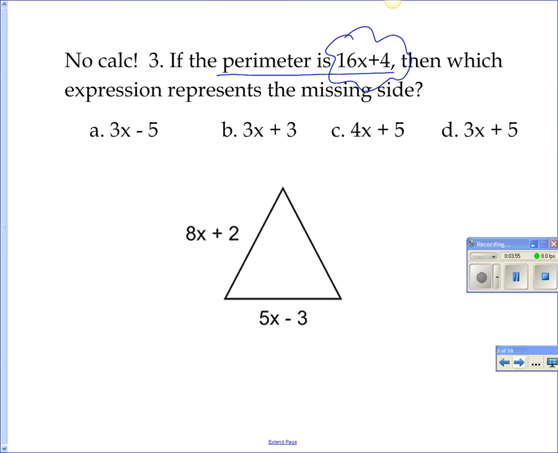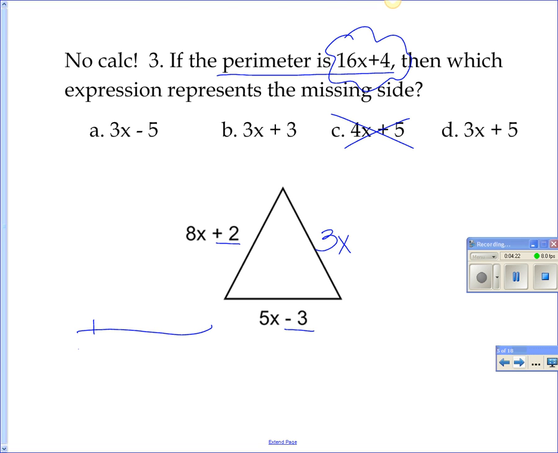When you add 8x and 5x, that's 13x. But look, when they added all of them up, they got 16x. So how many more x's do you need? 3. This one has to have a 3x with it. So what answer choice can I go ahead and mark out? C. Okay. All right, what do I get when I add 2 and negative 3? Negative 1. But look, they got positive 4.